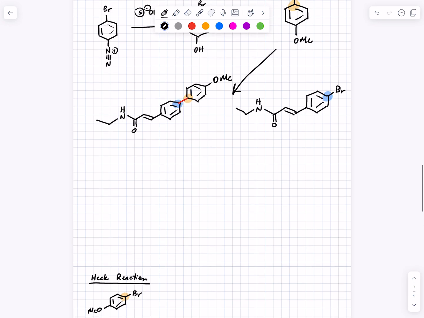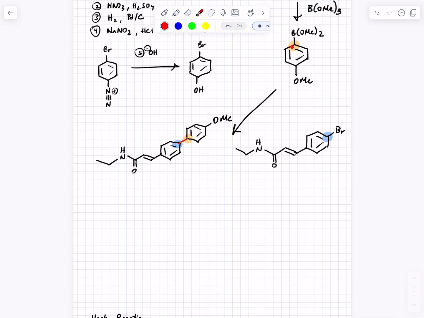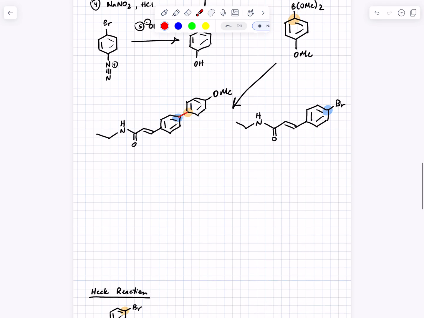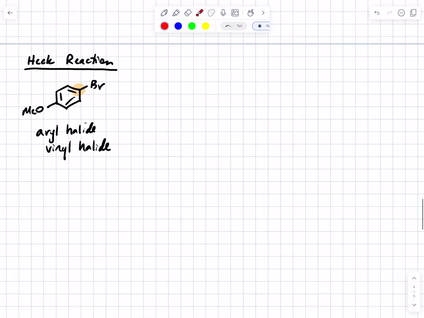In the Suzuki reaction, you notice that both partners had a special group that you could identify to know which carbons were going to get attached to each other. The Heck reaction's a little bit more complicated because we're going to couple the sp2 carbon from the aryl or vinyl halide with one of the two carbons of the alkene.